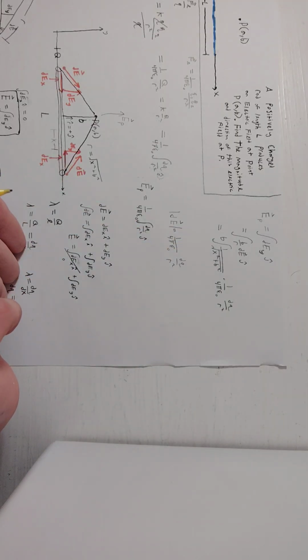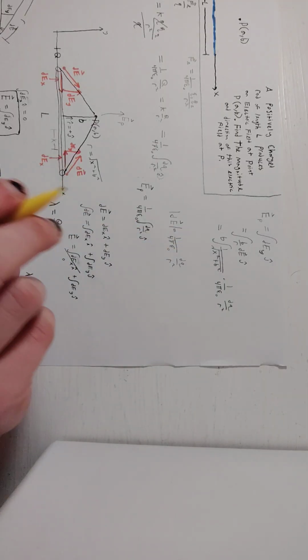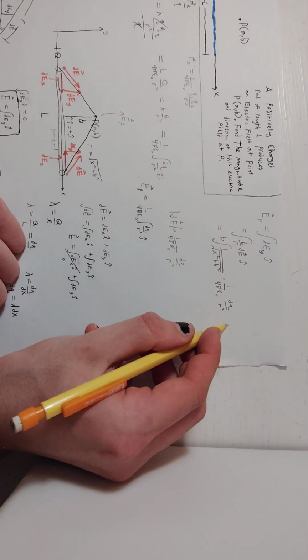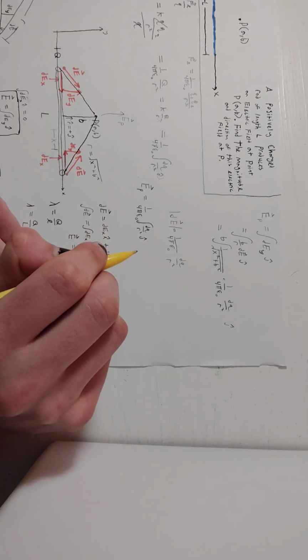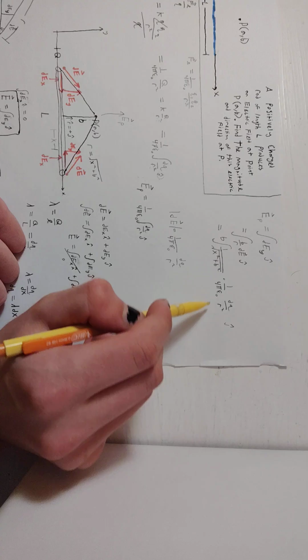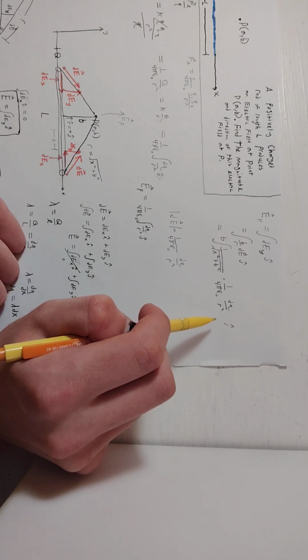And remember, this is still in the positive j hat direction, right? So this right here is our integral, and we're trying to set this up.